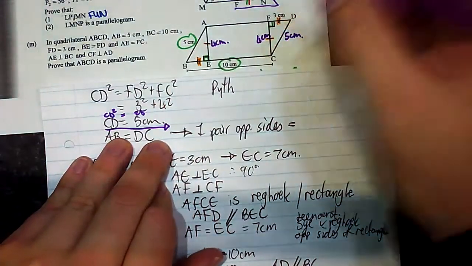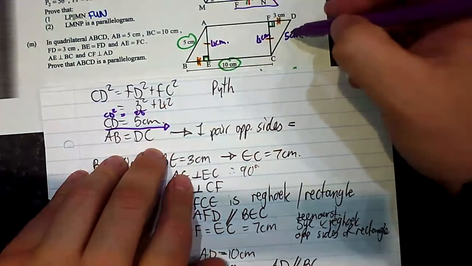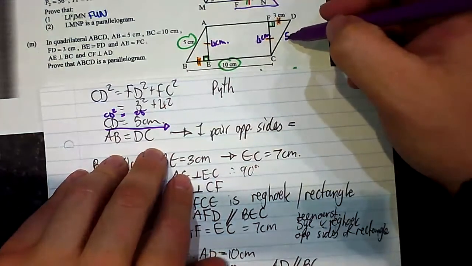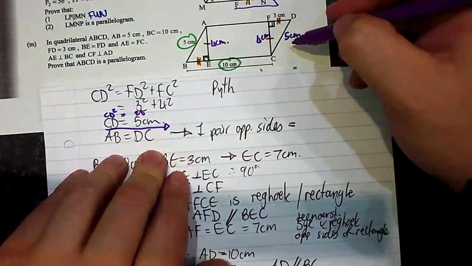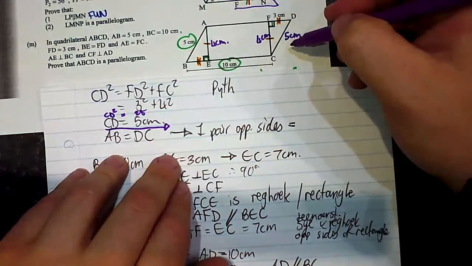Okay, so now we already have AB equal to CD, and they are both 5 centimeters. One pair of opposite sides are equal. Okay, is there a way that we can prove that the lines are parallel as well? Okay, let's see.